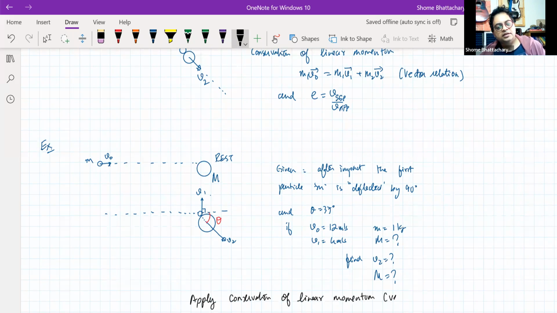And to apply that vector relation, what we'll do is we'll take V naught as 12 I cap, and therefore V1 as 4 J cap.